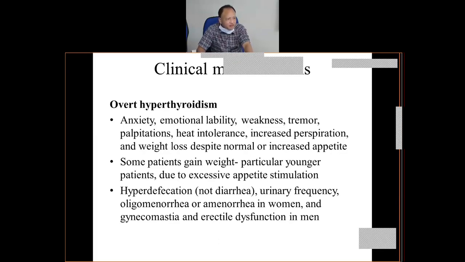The other feature you can have is hyperdefecation. Many a time we get a patient who says that I have to pass motions many times in a day, but not necessarily diarrhea. That means it is not liquid, it is not watery. Urinary frequency, oligomenorrhea or amenorrhea in women, and gynecomastia and erectile dysfunction in men.